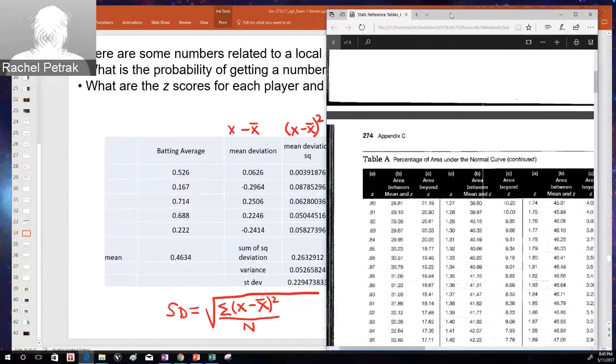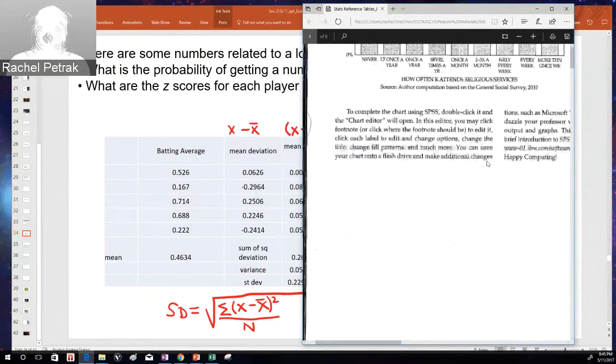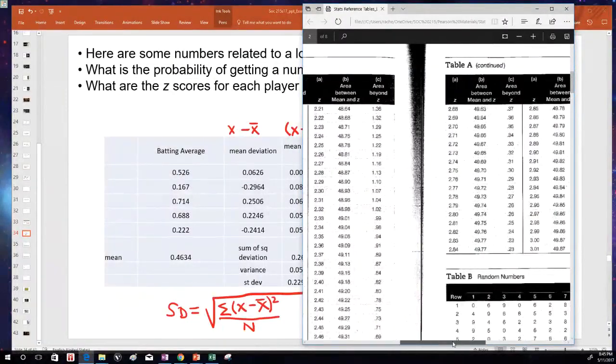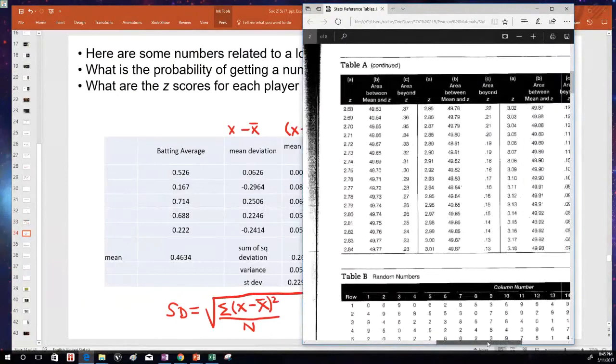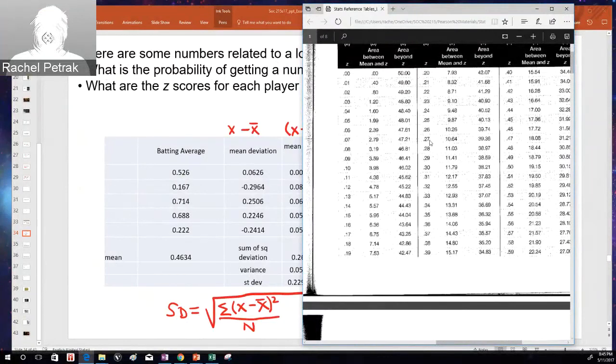I already have the z-score. The z-score is 0.27. It's just so small. So here we have it. If we have a z-score of 0.27 and we want to know the area between the mean and this z-score, it's represented here in column B, and it's 10.64%.